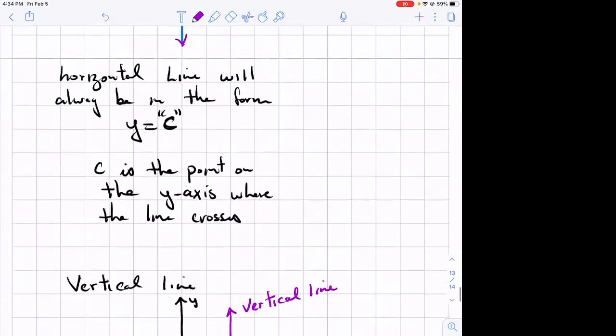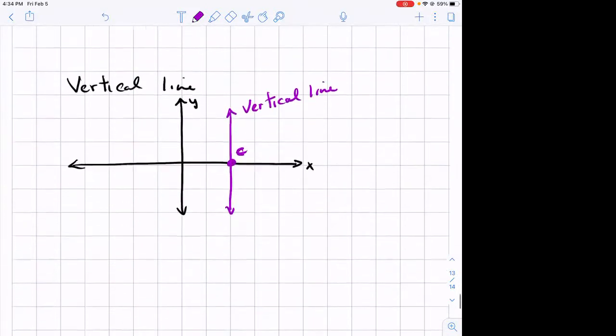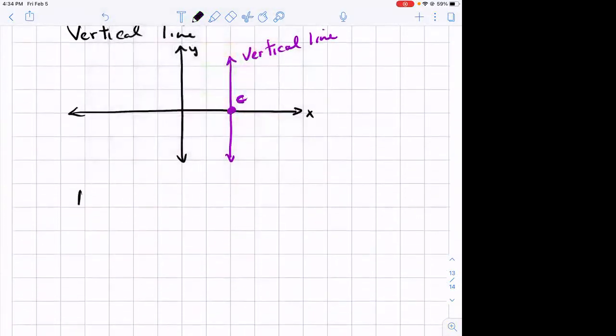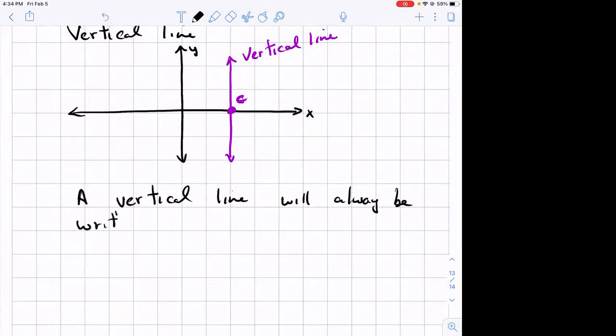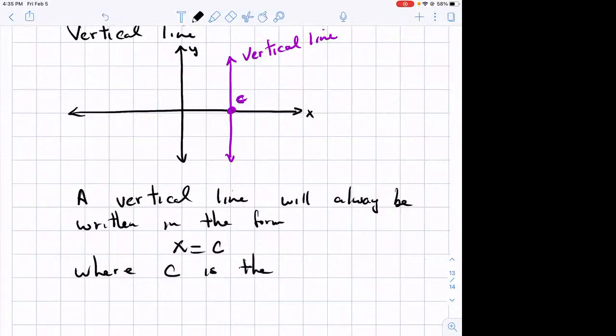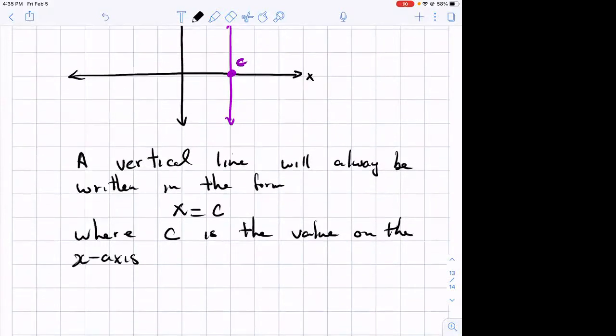So the same thing we can say, a vertical line will always be written in the form x equals c, where c is the value on the x-axis where the line crosses.